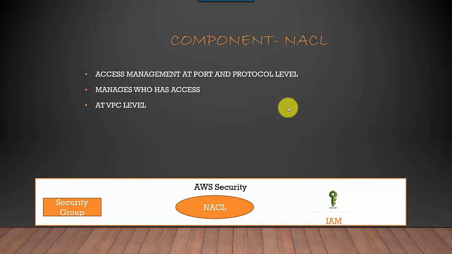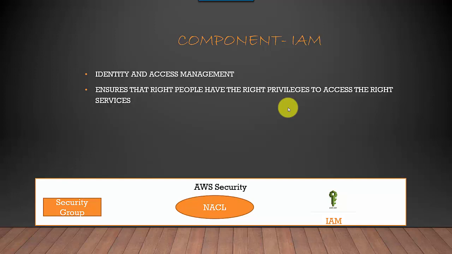And who can access all the PCs sitting inside a subnet, this NACL will define that. It manages who has access. It is at a subnet level essentially, and it manages access at port and protocol level as well. So it's like a security group, but it's not at a computer level, it's more at a network level. So that's what a NACL is.